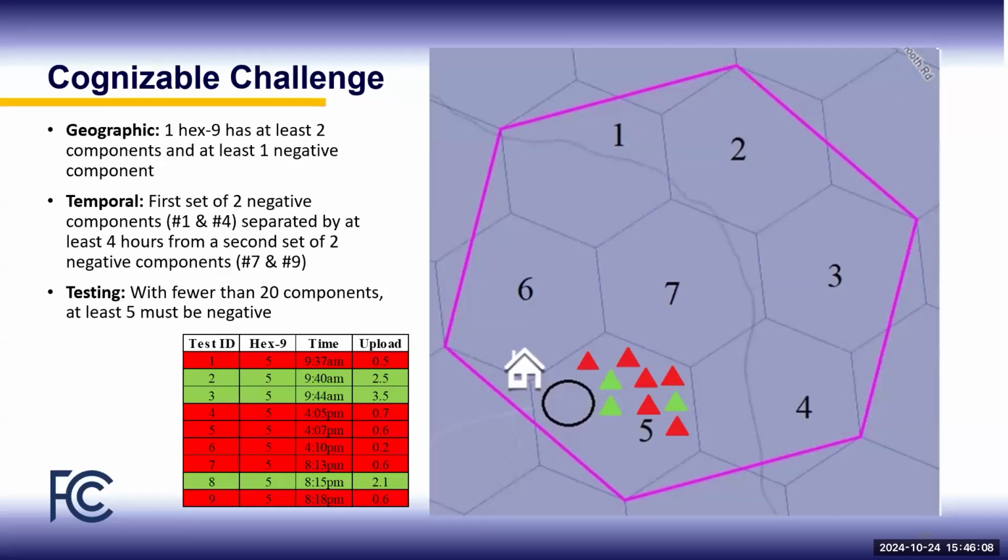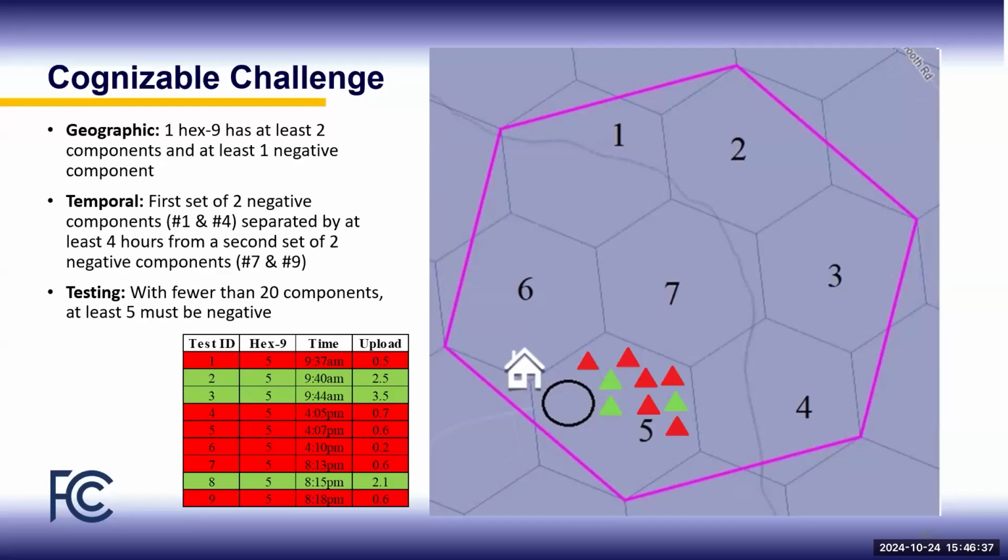By running tests while walking your dog, you have successfully challenged the 5G NR outdoor stationary coverage of this provider. The geographic threshold is satisfied because at least 1 hex 9 has at least 2 components of the same type, with at least 1 being negative, the hex 9 labeled number 5. The temporal threshold is satisfied because 2 sets of 2 negative components of the same type are separated by at least 4 hours.